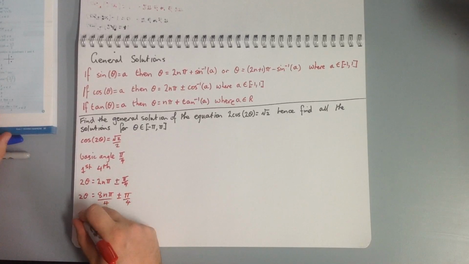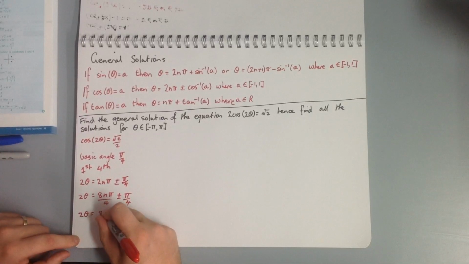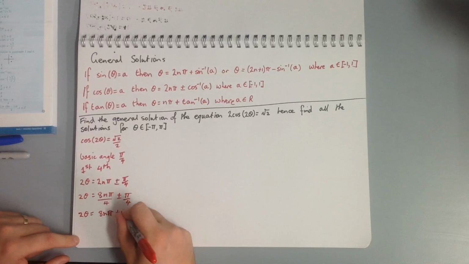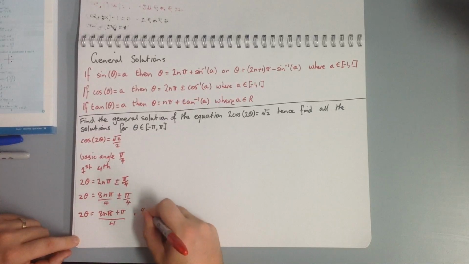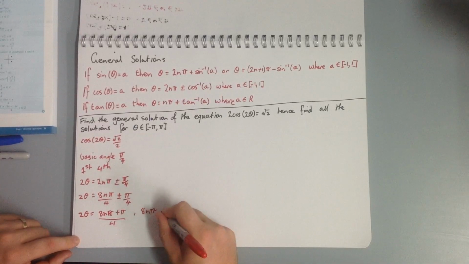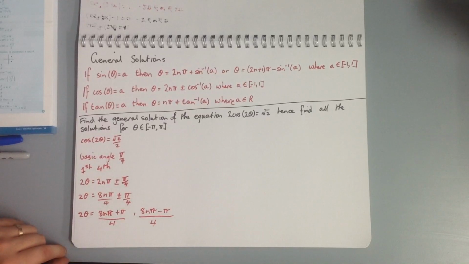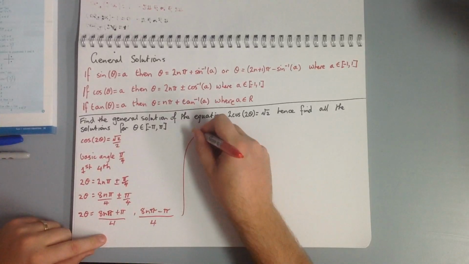So then we can say we've got 2 theta equals 8n pi plus pi on 4, or we've got 8n pi minus pi on 4. Just so we can write it a little bit nicer. And we can make that still a little bit better.